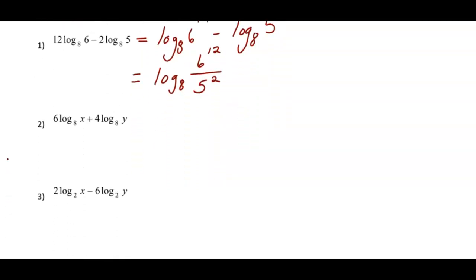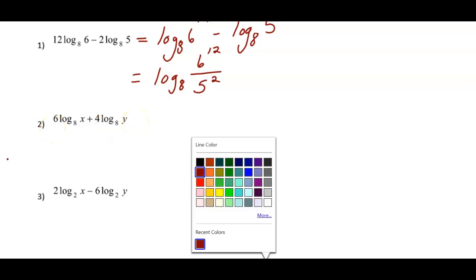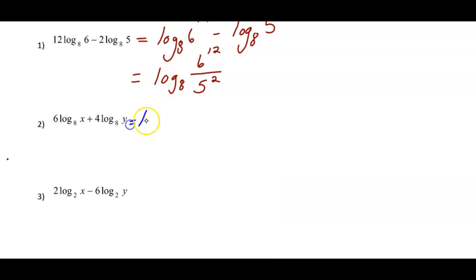Okay, and the second one here, again, you're going to take any coefficients you see and bring them up. So here's a coefficient, here's a coefficient. Bring those up as exponents. So write it as log base 8 of x to the 6th plus log base 8 of y to the 4th.